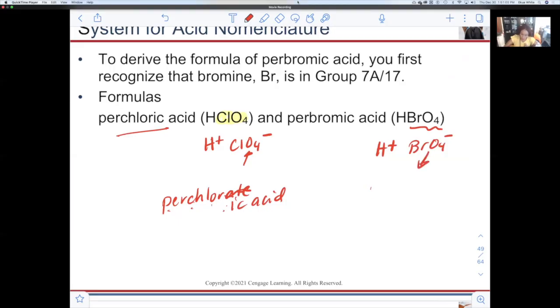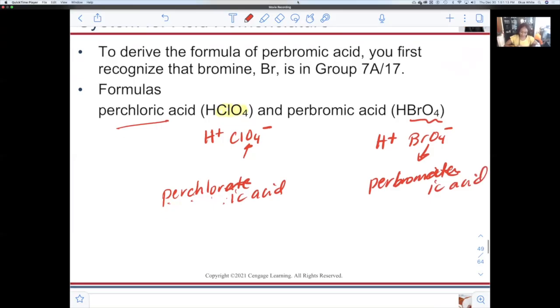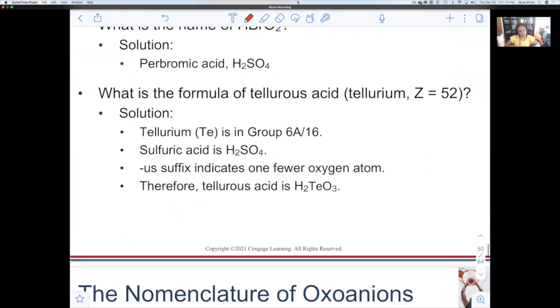Name this perbromate. And then replace the "ate" with "ic acid." It becomes perbromic acid. So when you know the systematic way of naming, then when they give you strange looking ones, you can actually name it, right?